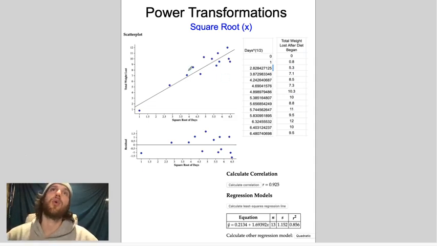Now, what did that do? That created a much more linear pattern. So that square root took down some of those higher values and left these the same. It took away the basic shape. Basically, it scooted things over.